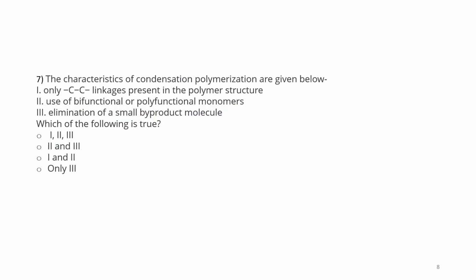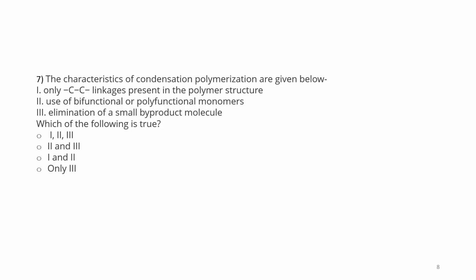Seventh question is, the characteristics of condensation polymerization are given below. Here you have to find which statements are correct. The first statement is only C-C linkages present in the polymer structure. Second option is use of bifunctional or polyfunctional monomers.